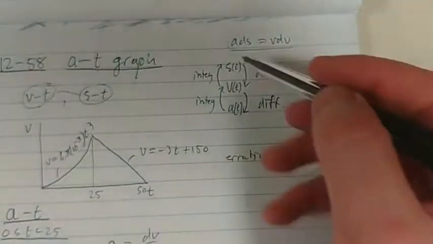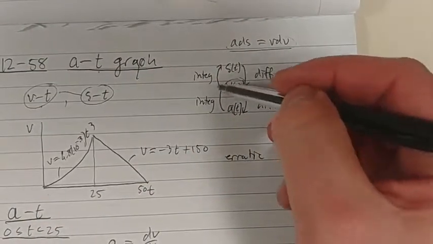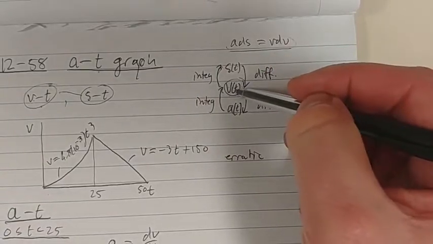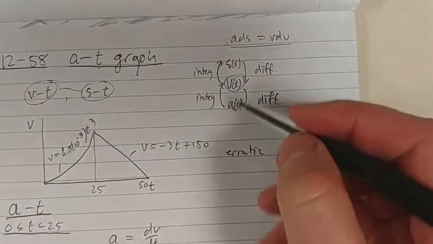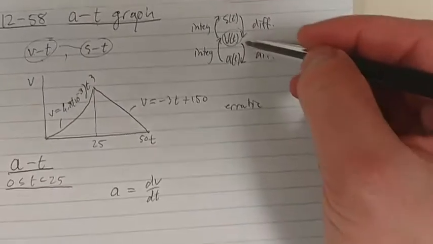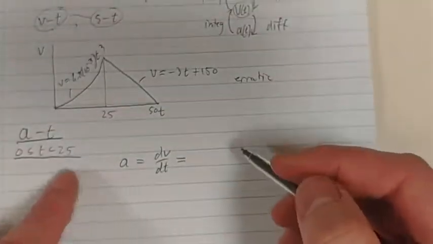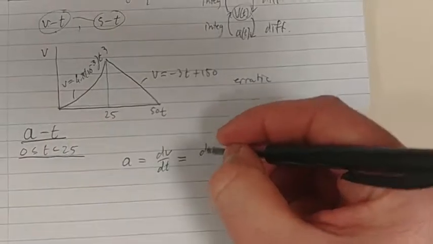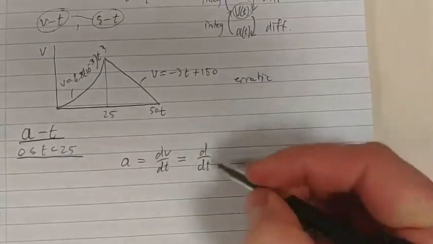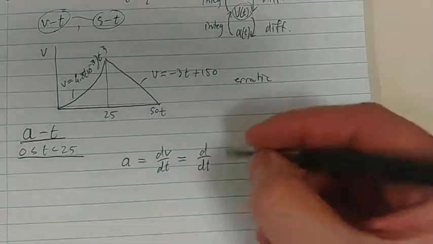In the previous problem we had Vt and we wanted ST, so we had to integrate the VT curve. Now we have VT and we want AT, so we have to differentiate VT to get there. So what is the velocity function over that time period?